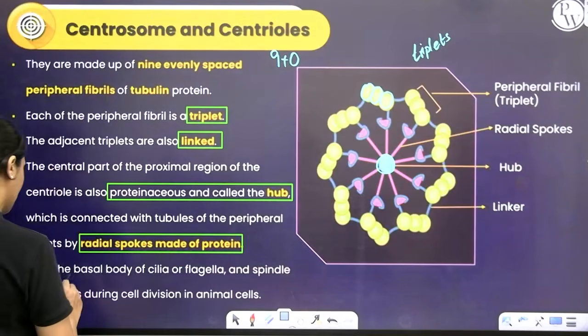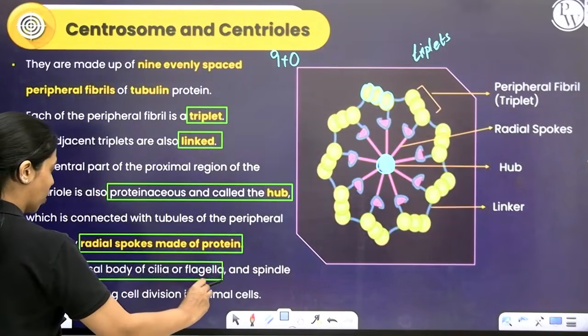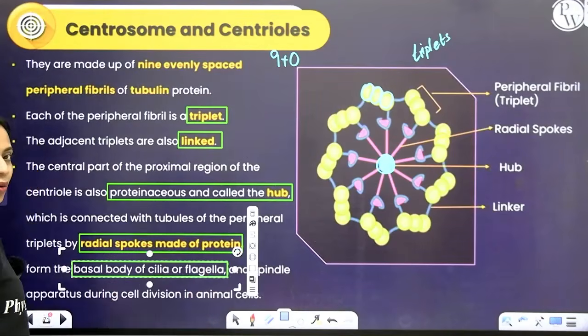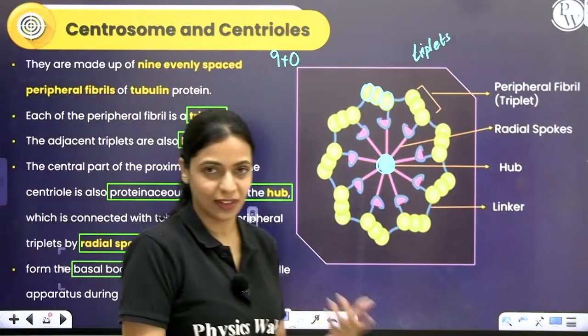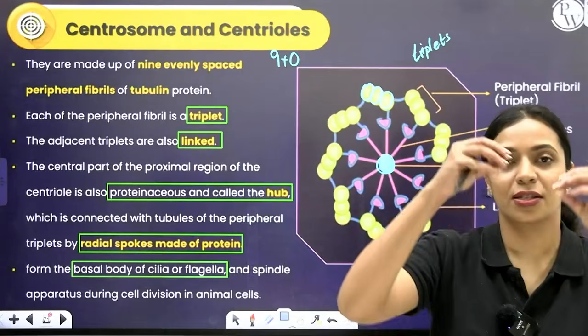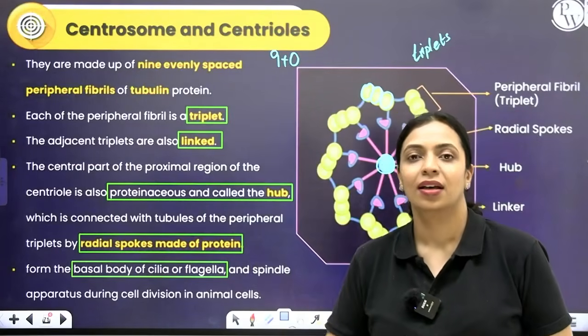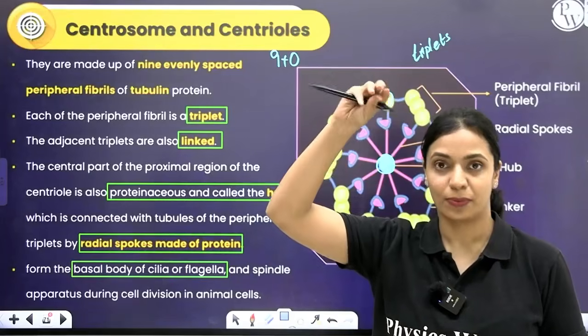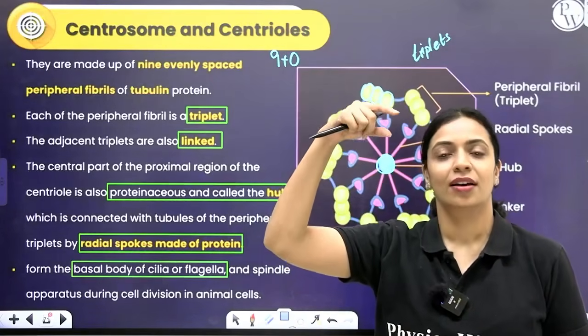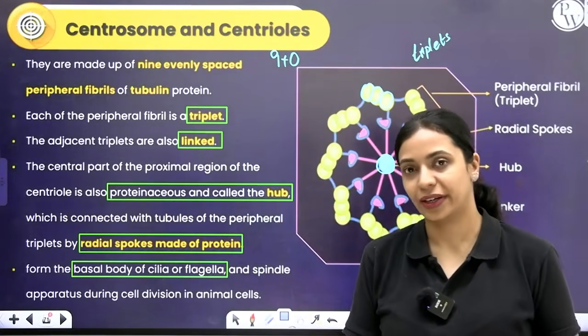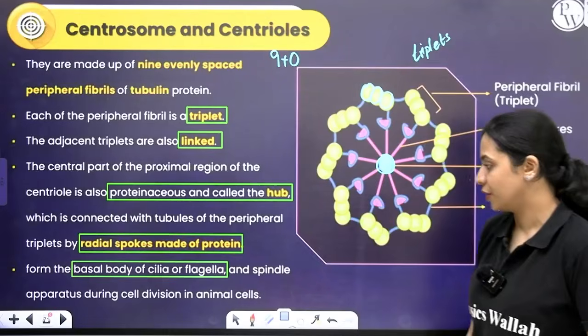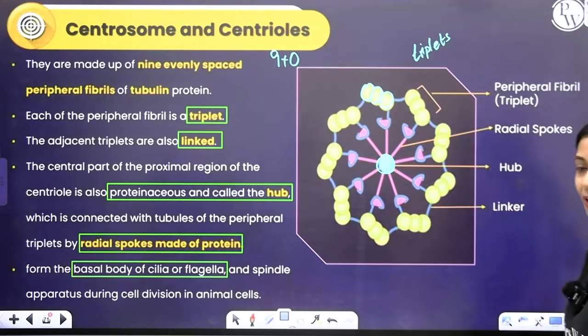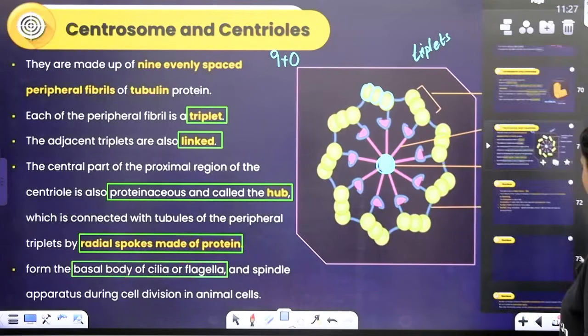So the basal body of the cilia or flagella, and also during cell division in animal cells, we learn about it in the next chapter, the spindle formation happens. The microtubules will start forming spindle fibers from one region. Over there, organization of spindle fibers, all of that happens from these centrioles only. So that's the function of the centrosome and centrioles.